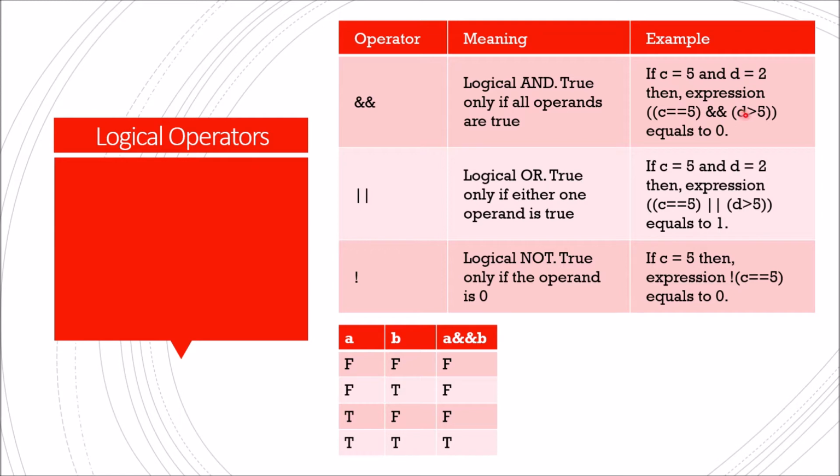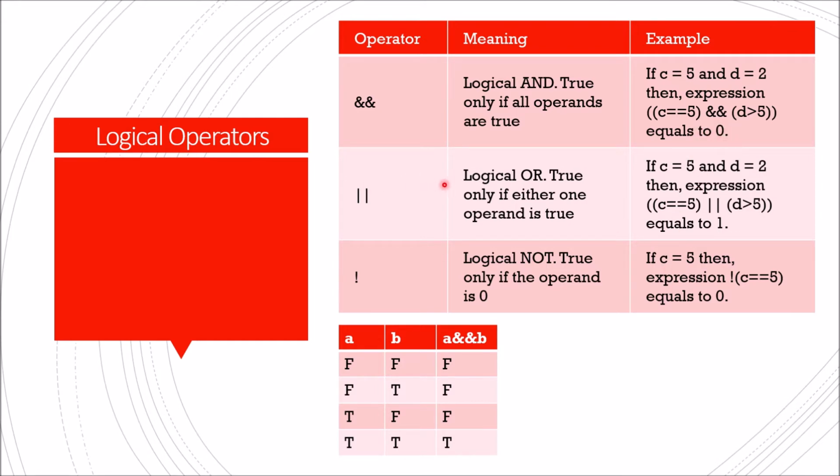But this one says that D is greater than 5, which is false because D is 2. So this one is true and this other one is false. So we have the result here, true, false, and the result will be false. As you can see here, equals 0, which means false.